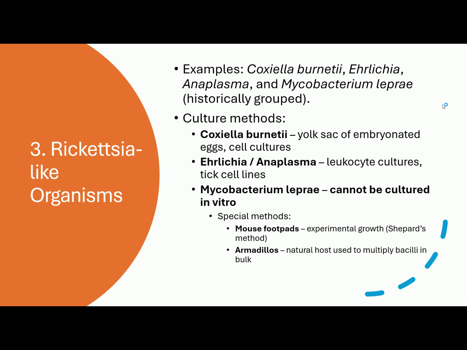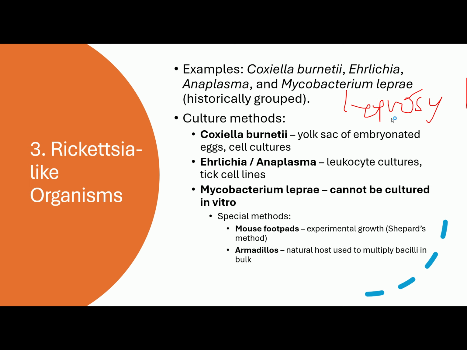Then rickettsia-like organisms would include your Coxiella burnetii, Ehrlichia, Anaplasma, and Mycobacterium leprae. So si Mycobacterium leprae nyo, class, is known to cause your leprosy. Now, culture method for Coxiella, class: yolk sac of embryonated eggs or cell culture.